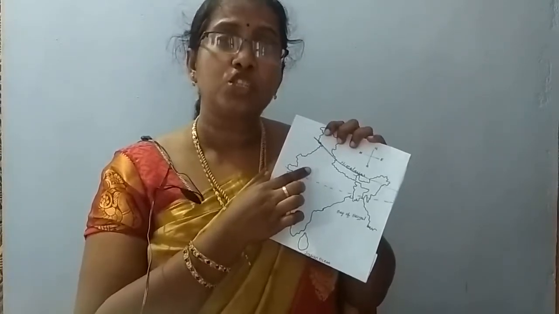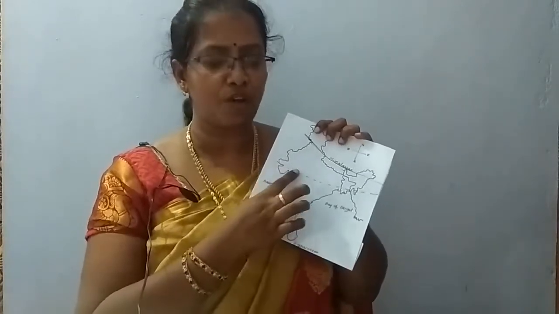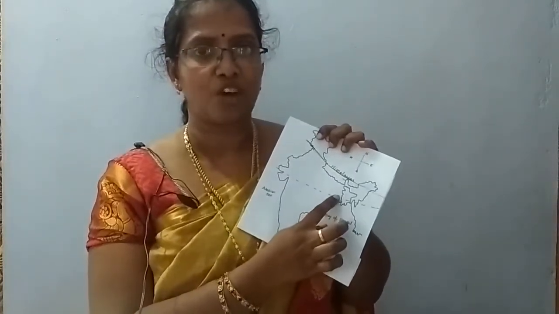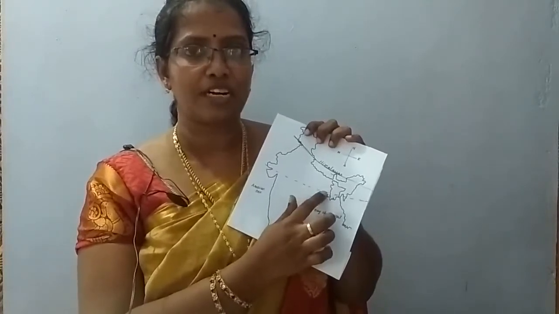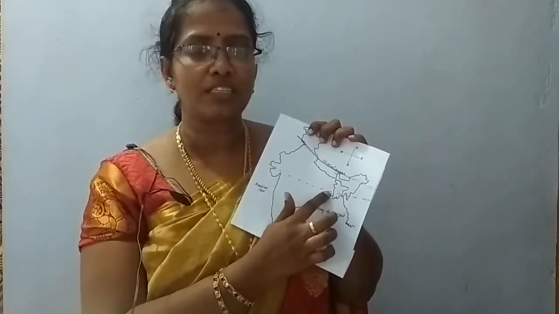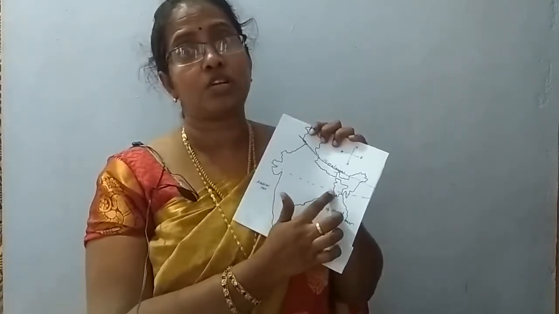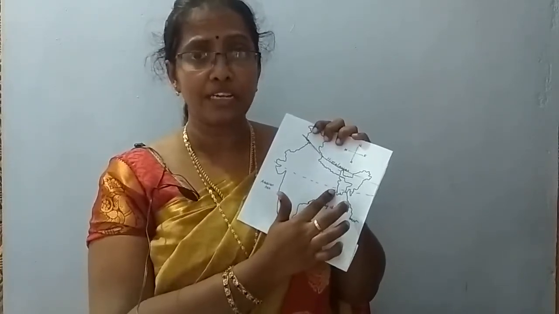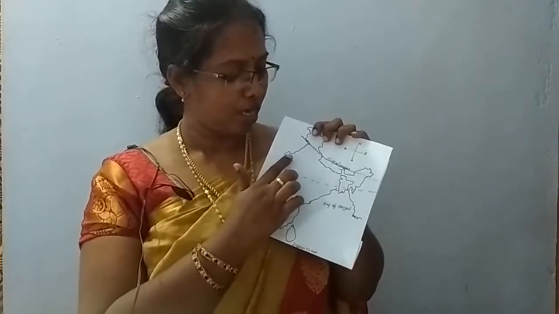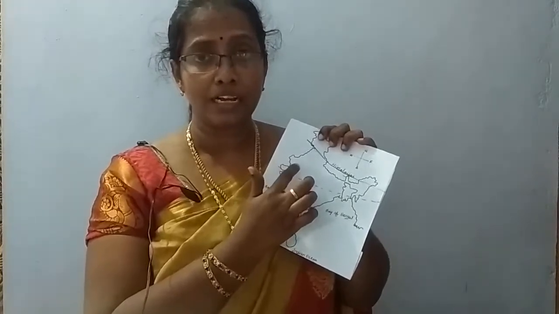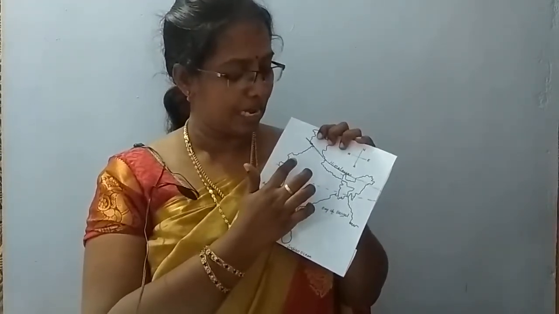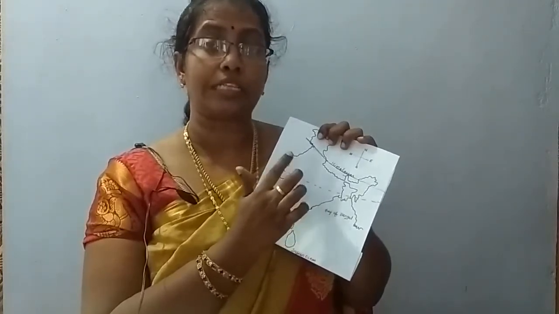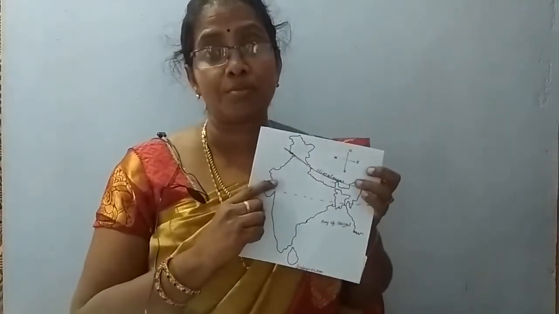It receives only 24 centimeters of rainfall. Kolkata or West Bengal receives 119 centimeters. Why? Because Kolkata and West Bengal are very close to the ocean, so they receive the highest amount of rainfall. Rajasthan already has the Thar Desert, and Bikaner is located in the interior part of Rajasthan, so it receives only 24 centimeters of rainfall.